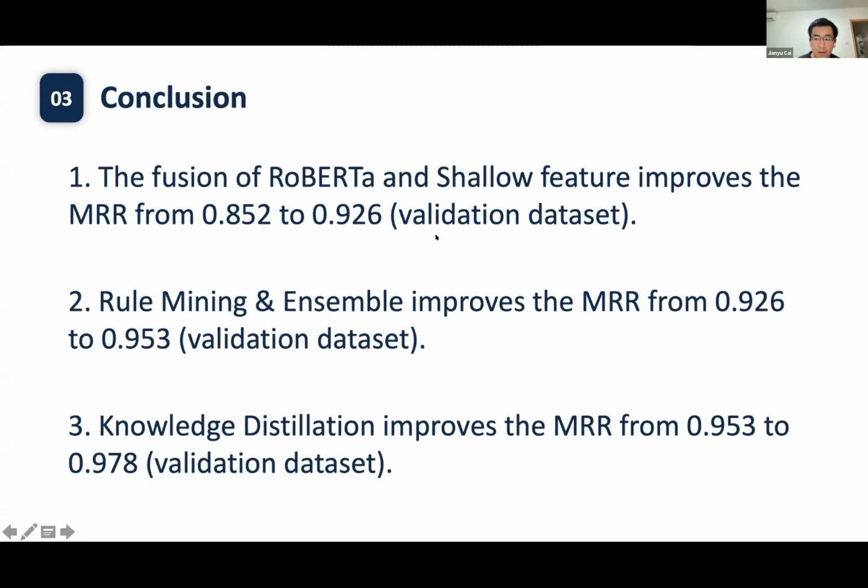So it is sure that the combination of different types of features is important in the link prediction task. And second, the rule mining and ensemble methods improve our MRR from 92.6 to 95.3 on the validation data set, which means that ensemble and rule mining also play an important role in the model performance.